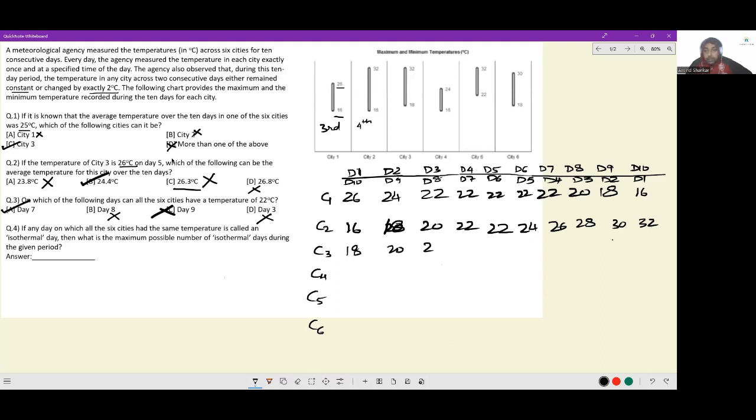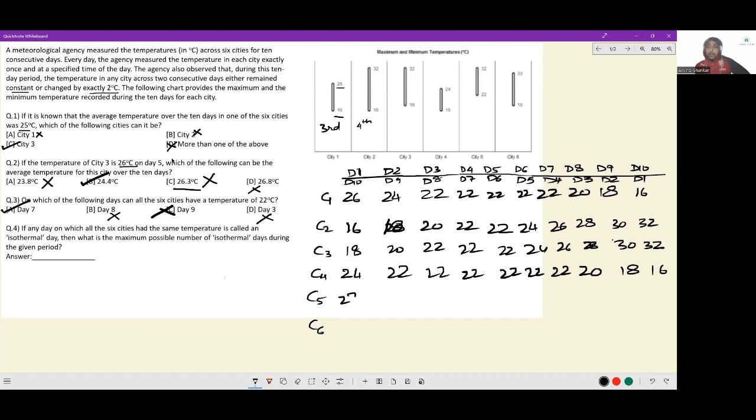18, 20, 22, 32, 30, 28, 26, 24, 22. From here, it will be 24, 22, and 16, 18, 20, 22, 22, 22, 22, 22.